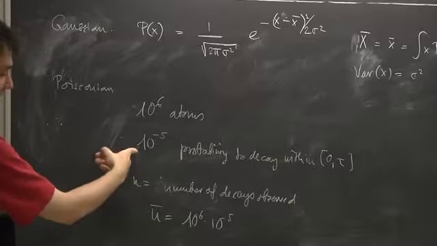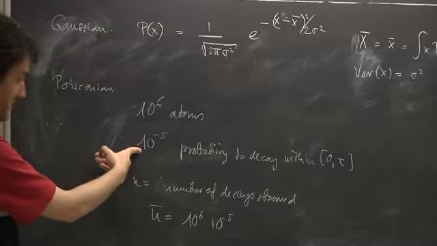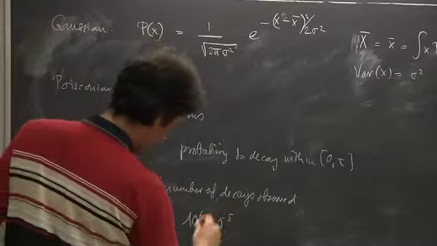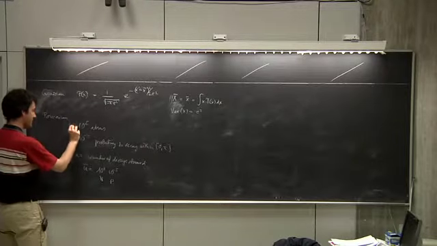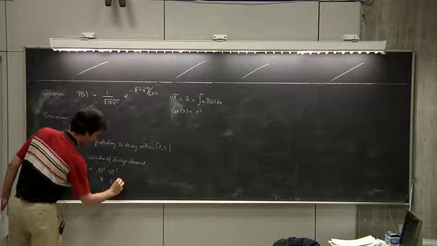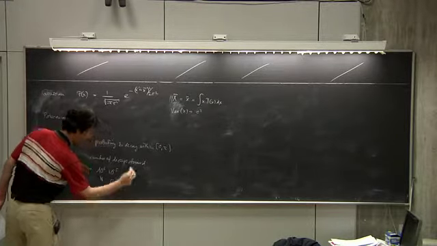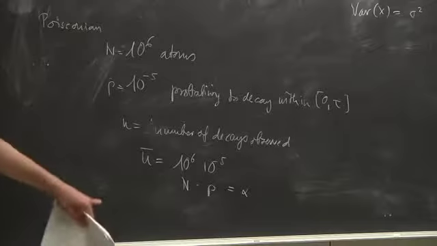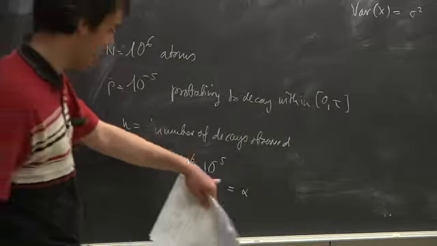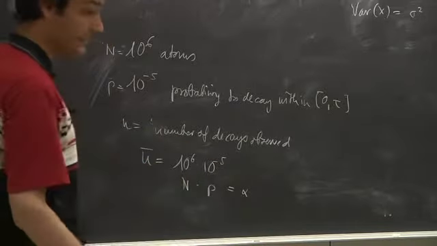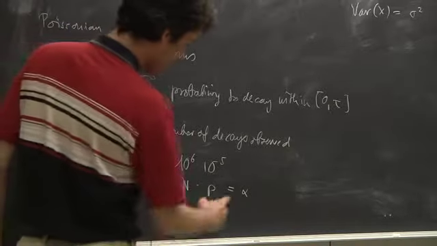Each event takes place with a probability which is extremely small. The average is n times p, no? So this is p, this is n, and that is what you call alpha, for cases where this is extremely small and this is extremely large, such that the product is not huge, no?